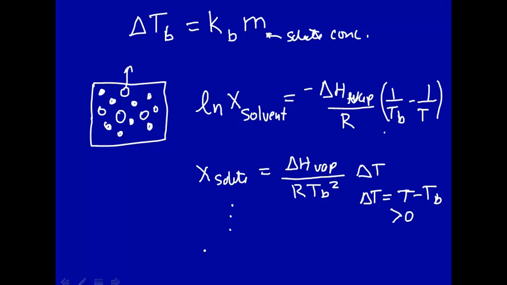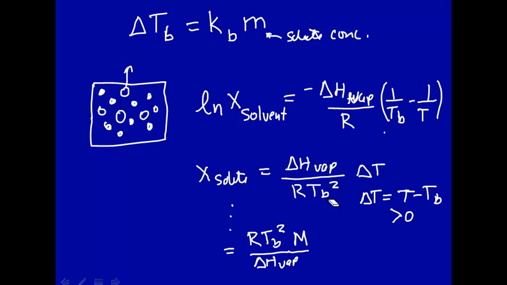So we get the molal solution concentration of the solute is equal to R times the boiling point of the pure solvent squared over delta H of vaporization times the molar mass M of the solvent times the molarity, times the delta T.